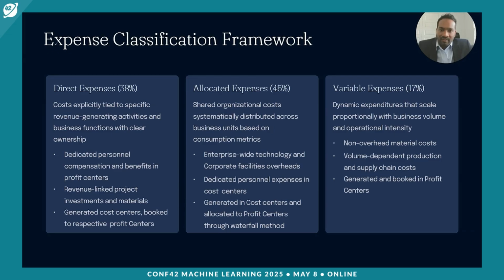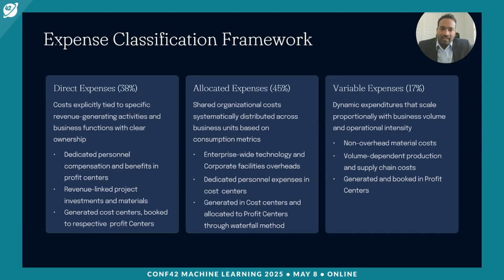These could have some expenses which could be confused as direct expenses because all these functions have dedicated personnel, so all those expenses are direct expenses in those cost centers. But at the end, all these expenses get allocated to front-end profit centers. So allocated expenses are generated in pure cost centers, but then they get allocated to profit centers.